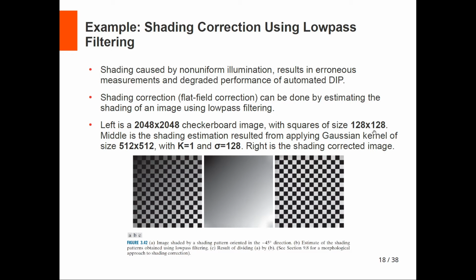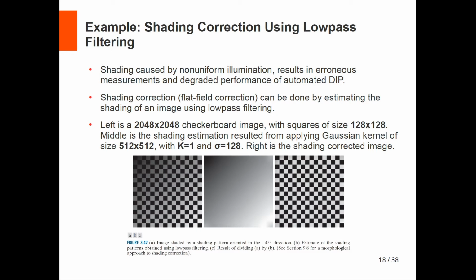This is an image that we already saw before of this checkerboard pattern that is non-uniformly illuminated. One thing that we said before was that to get this image corrected, if we have a good estimate of the shading of the image, we can use arithmetic operations to basically get rid of that.